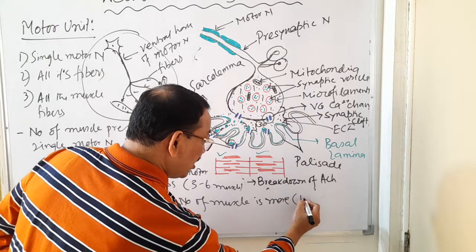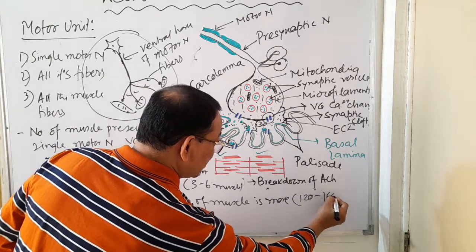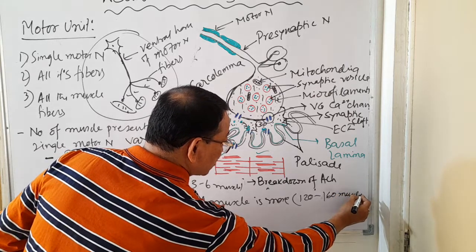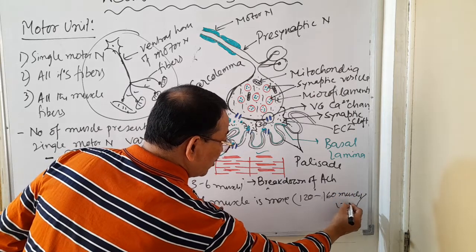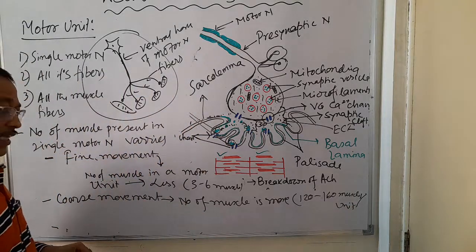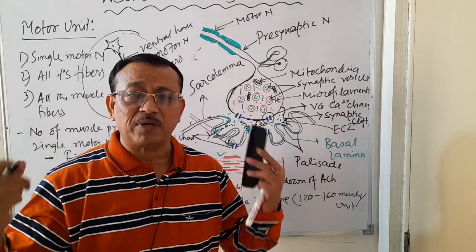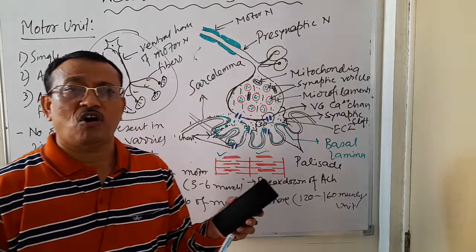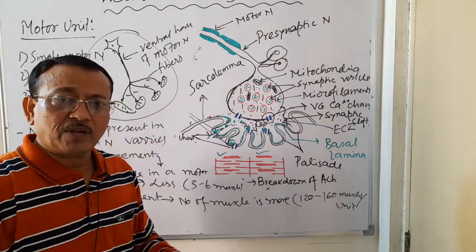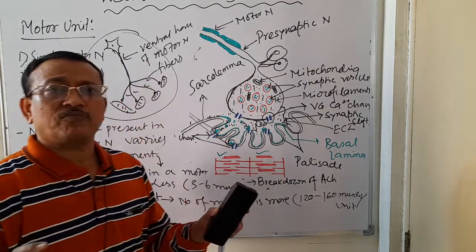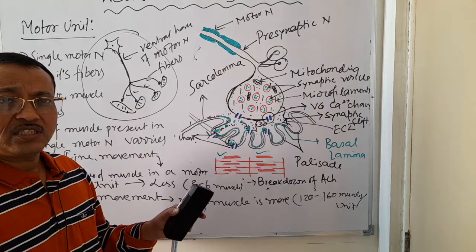It can be 120 to 160 muscle fibers per motor unit. And these are present in the leg muscles, in the neck muscles, which are responsible for the postural adjustment of the body, and the entire type of the coarse movements.